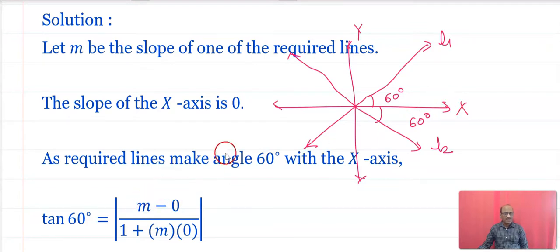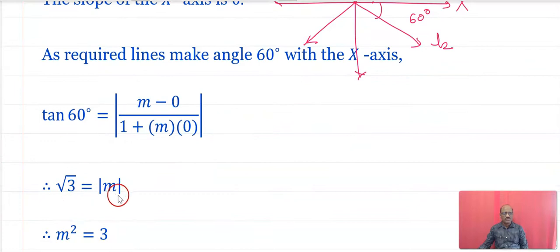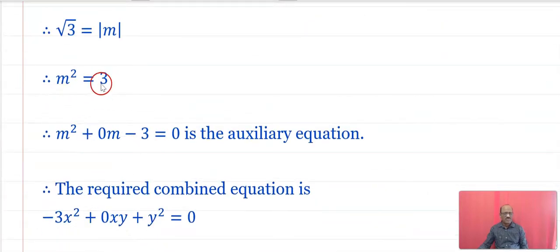And therefore, the angle between L1 and this x-axis, tan 60 is equal to (m minus 0), this is the slope of the x-axis, upon (1 plus m into 0), and overall you will get tan 60, that is root 3, is equal to m. Squaring on both sides, m square is equal to 3, and that is m square plus 0m minus 3 is equal to 0.